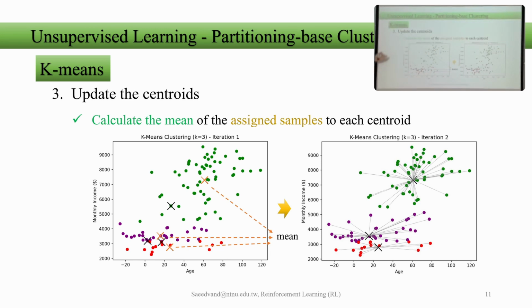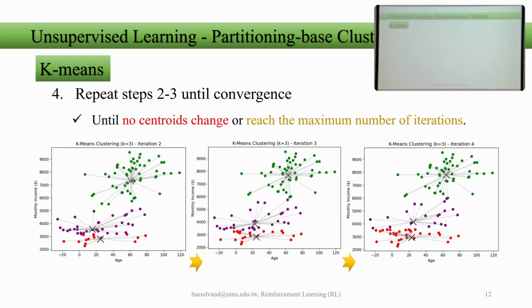But this is not enough. Of course, we need to continue. So what we do is repeat steps 2 to 3. And for how long? We usually have two termination conditions. First of all, no change in the centroids happens, so the coordinates are steady after iterations.